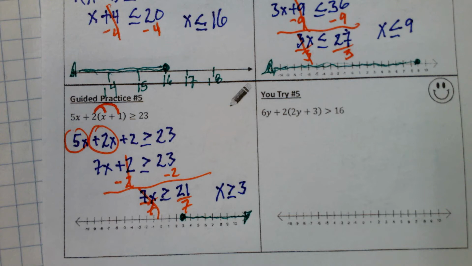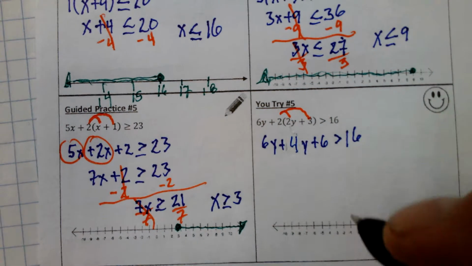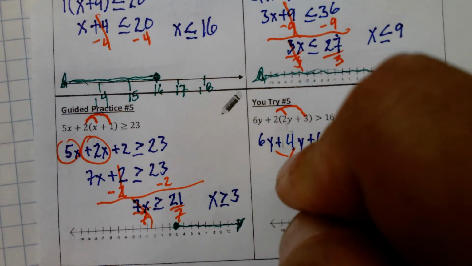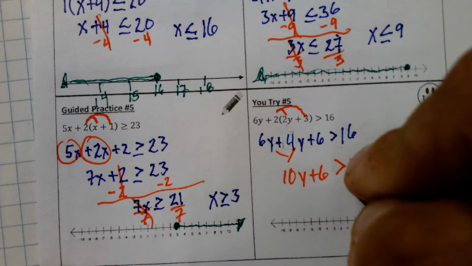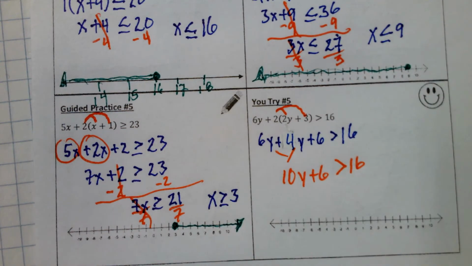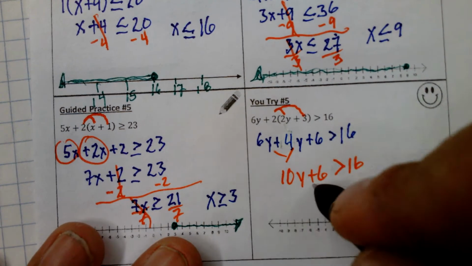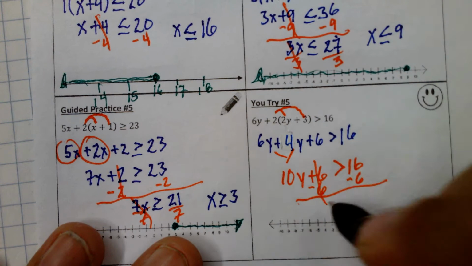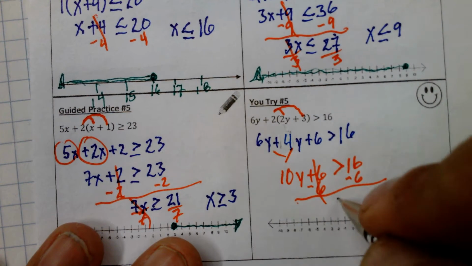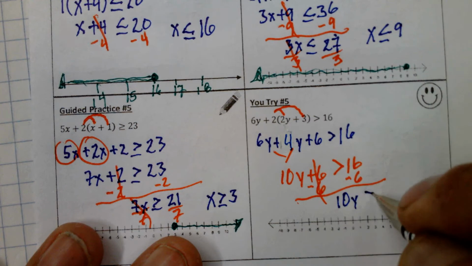Start with distributing. If you distributed correctly, this is what you got. Combine your like terms. We'll get rid of 6. I get 10y. 16 take away 6 is 10, so greater than 10.